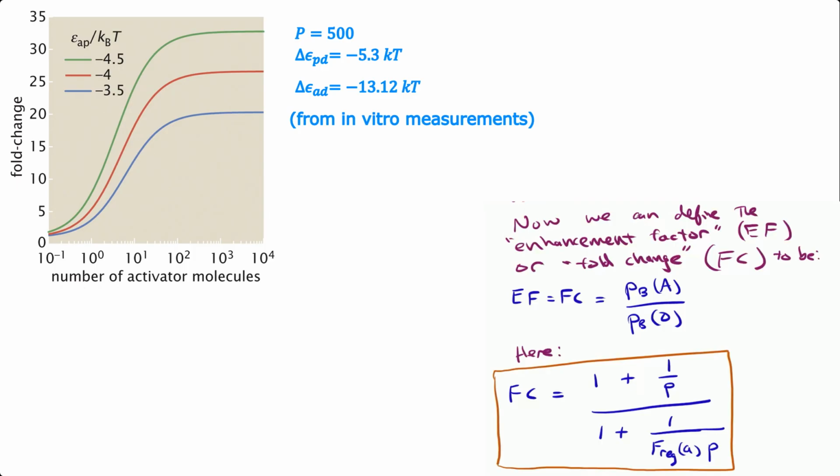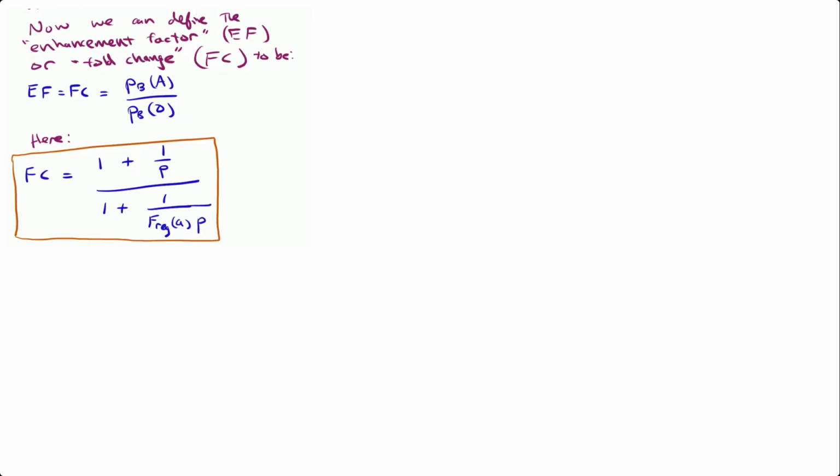And here you can see some plots giving the fold change as a function of the number of activator molecules for different AP binding energies. The more the AP binding energies, the more the fold change. And the parameters for the number of polymerase and the transfer energies are given to the right of the plot.